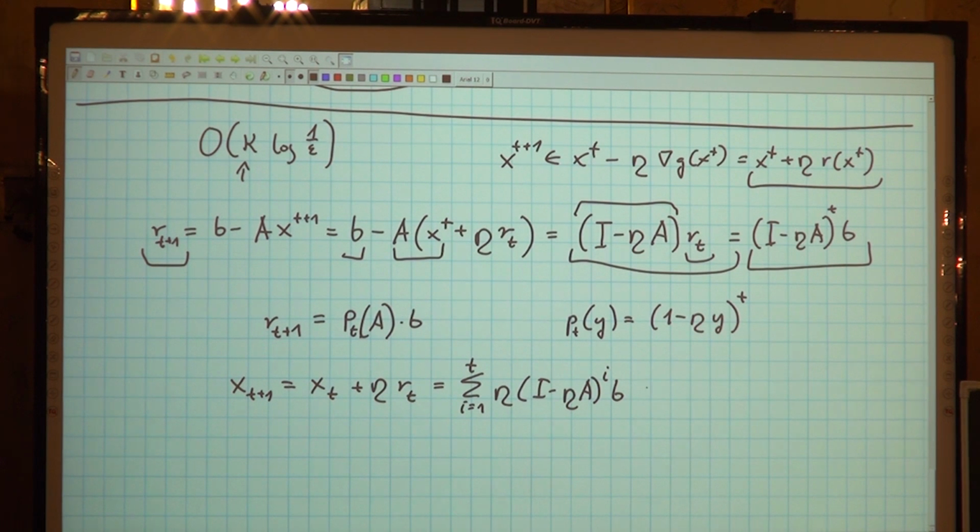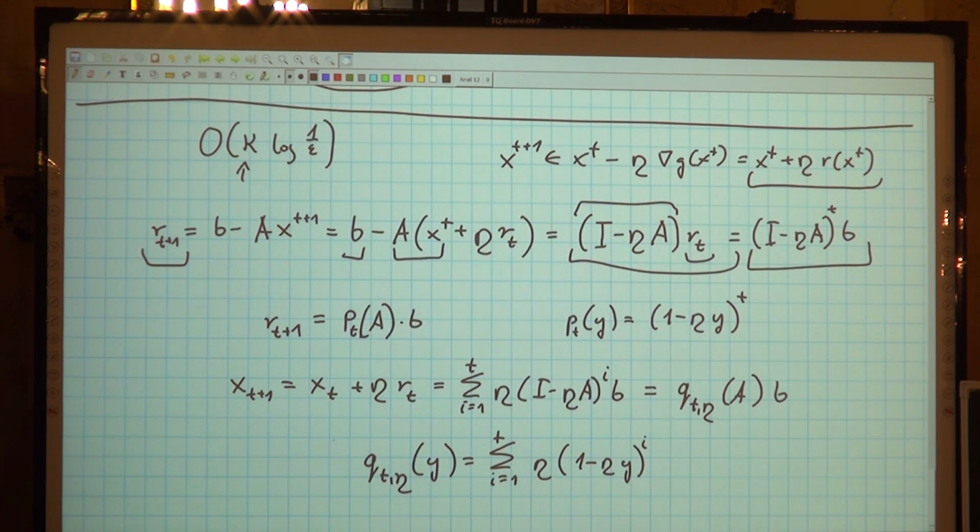So in the end, I just get some different polynomial that I will call q_t,eta, in A, applied to b, where the polynomial will be exactly the sum over i from 1 to t of eta (1 minus eta y) to the i.